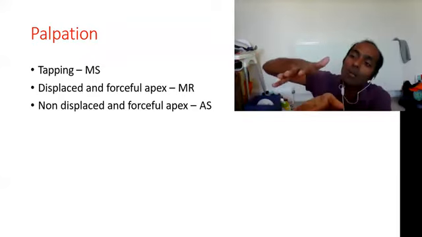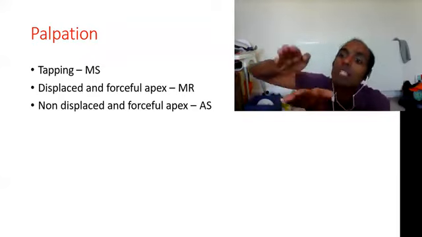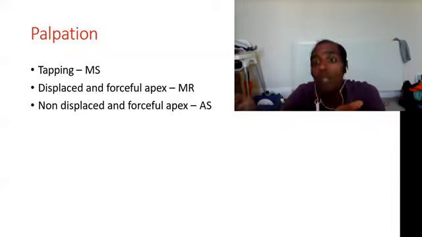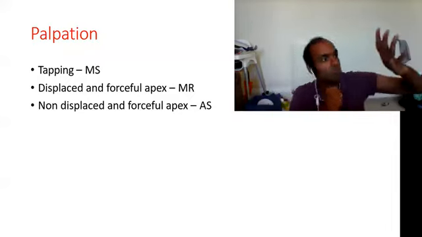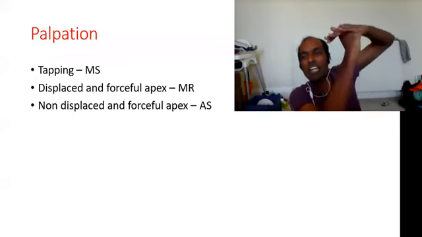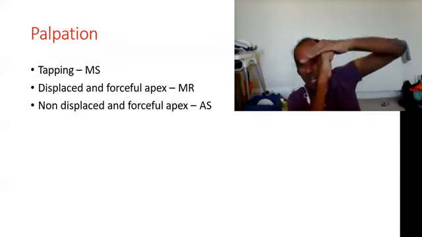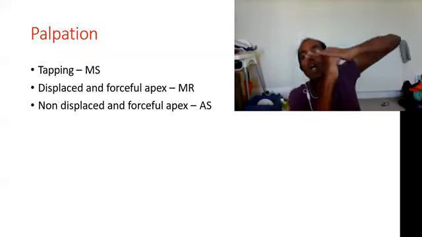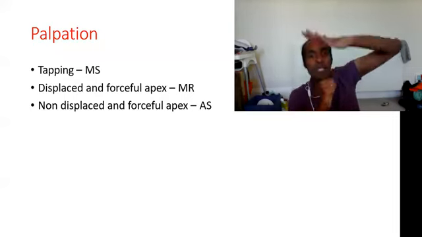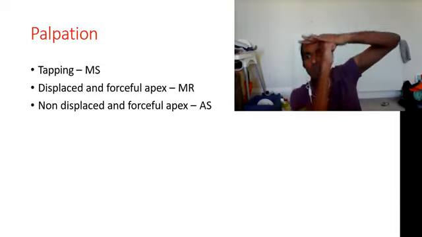But basically the left ventricle becomes hypertrophied, and very forceful. Remember, it's like lifting a major weight, with a lot of resistance across the valve. It causes a heaving apex.